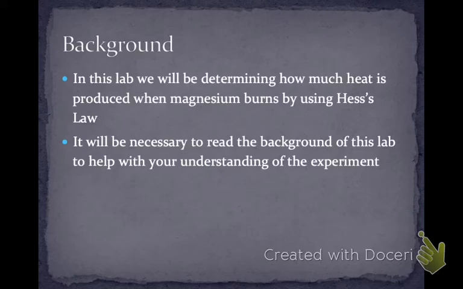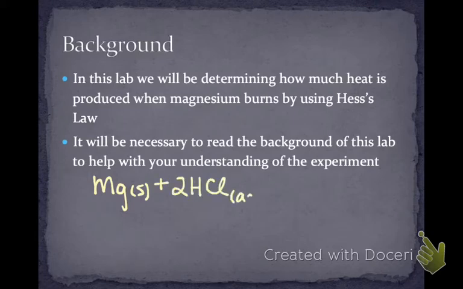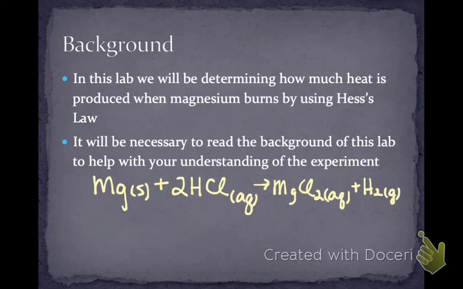The first would be an experiment with magnesium metal, the solid form, reacting with hydrochloric acid, which we know is aqueous, forming magnesium chloride, also staying in solution, and also forming hydrogen gas as product. That would be one reaction that you would be performing, and you would be using calorimetry to do that.